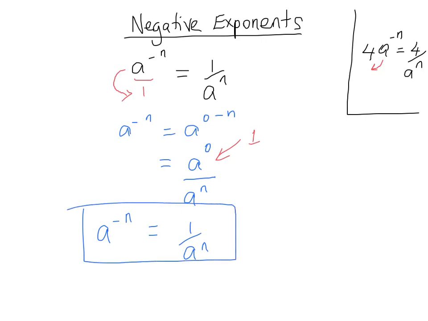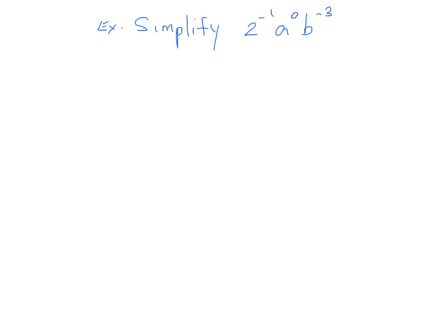Let's put these two pieces of information that we just learned about 0 exponents and negative exponents together and simplify an expression. If you're asked to simplify this expression, you're being asked to get rid of the 0 exponents and the negative exponents.